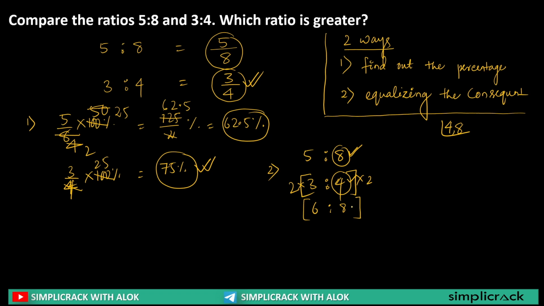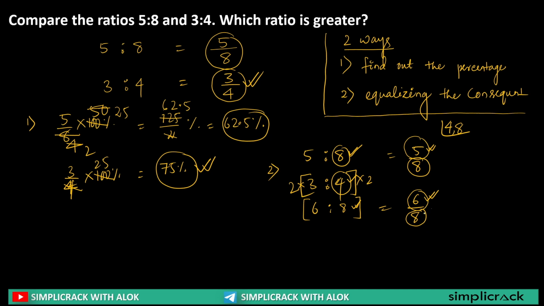So now both the consequents are equal, and if I write it, it will be 5 by 8, now it will be 6 by 8. So what does this mean? This means out of 8 parts we are considering 6 parts, and here out of 8 parts we are considering 5 parts. So which ratio is higher? This ratio is higher, because here the antecedent is greater than the previous ratio.